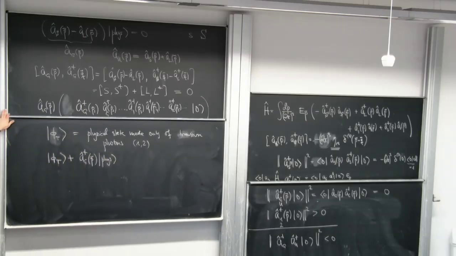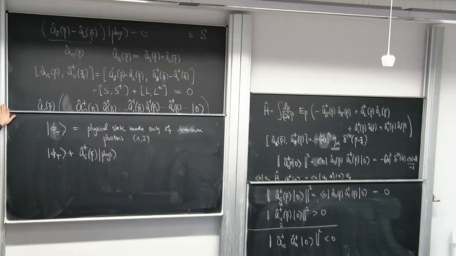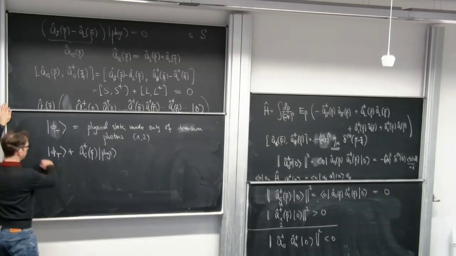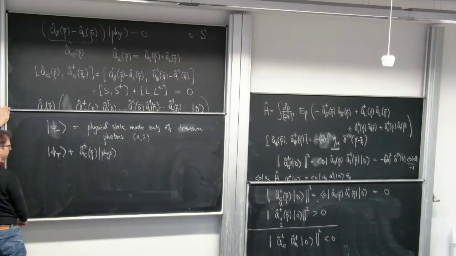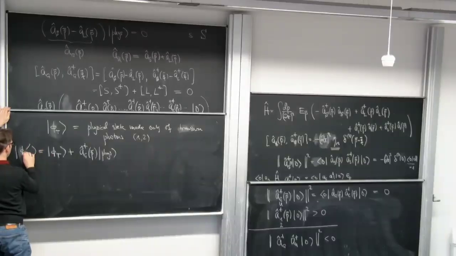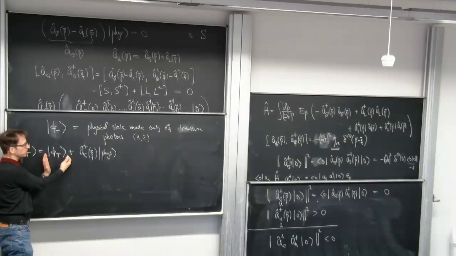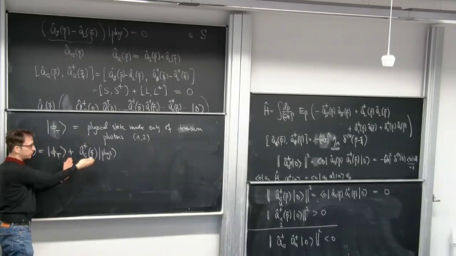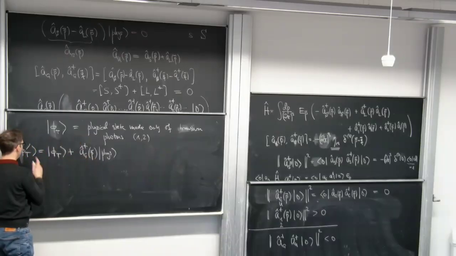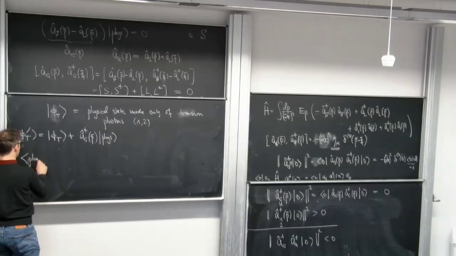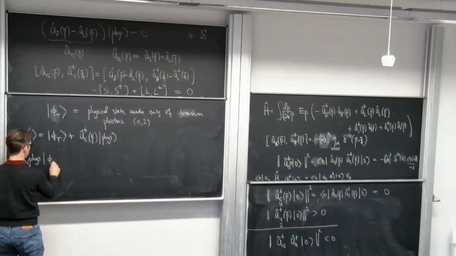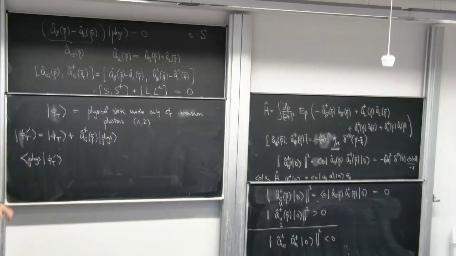Now, I want to show that this state, what do we call this thing now? Phi T prime. So this is the state we had. We added stuff to it, and it's a new state. And now my claim is, if you take this thing in a scalar product with another physical state, this should drop out.